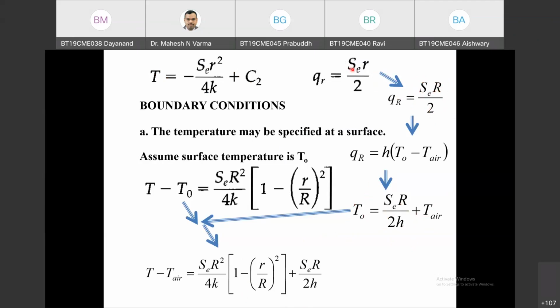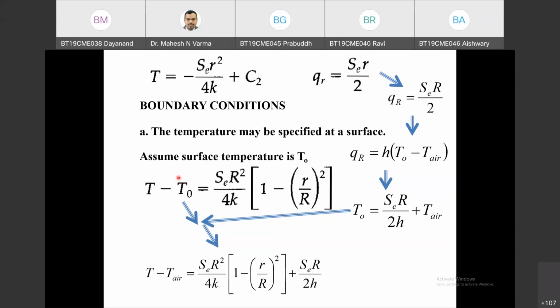Similarly, you will get the flux at R equals to AR, and this temperature profile is for the electrical insulating material.